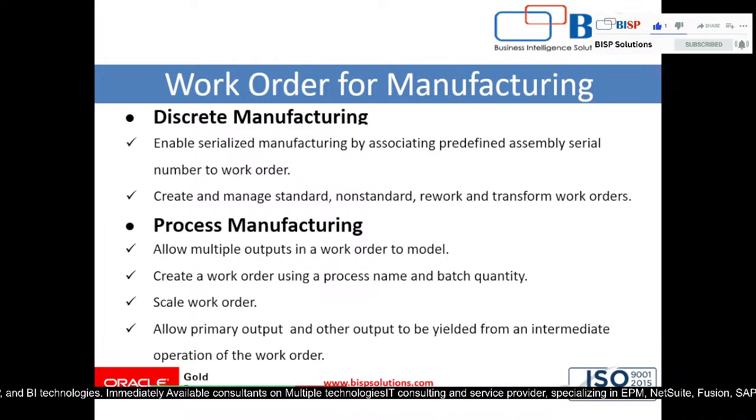We create the items in discrete manufacturing as individual items, whereas in process manufacturing you are normally working with a formula, and you create something from that particular formula.